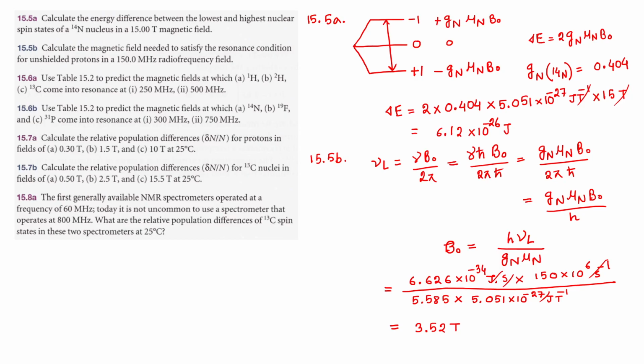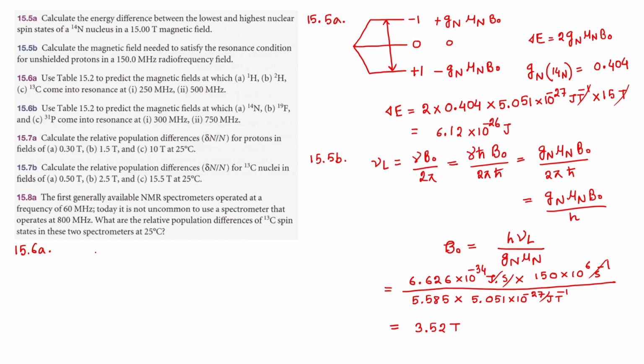Now next we discuss the next problem, which is 15.6a. I hope 6a and 6b are the same, so we can discuss only one problem and give you another one to solve. 15.6a. Use table 15.2. Actually, this table contained the Gn values, which I have already taken, so don't worry.